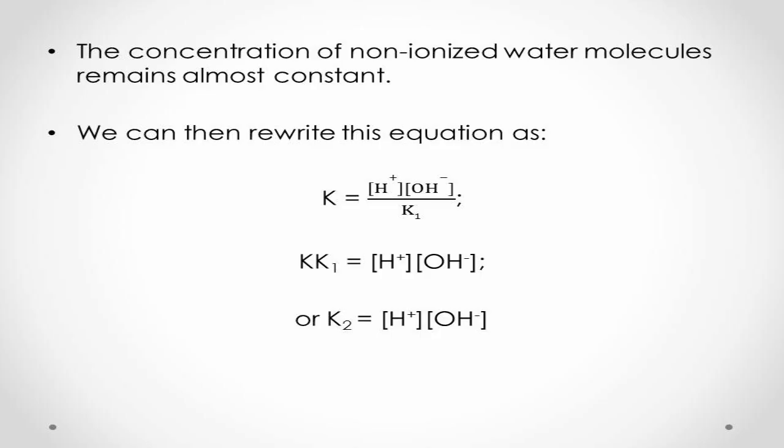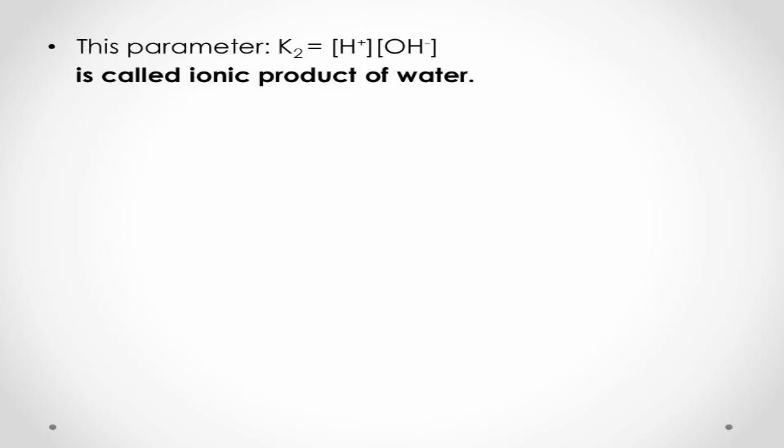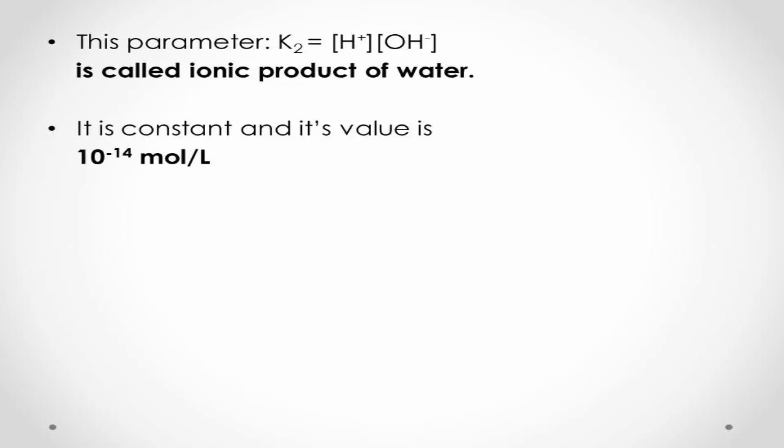This product of constants is an unchanging value, and we denote it as Kw, which is equal to the product of the concentrations of H plus and OH minus ions. Thus, the product of the concentration of these ions in water is a constant value. This value is called the ionic product of water. It always has a value of 10 to the minus 14th moles per liter.